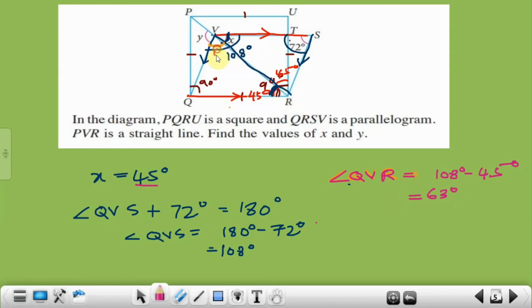So this is 63 degrees. This is a straight line. So we want to know y. So y is equal to 180, the summation of angles on a straight line, minus 63, which is 117 degrees.